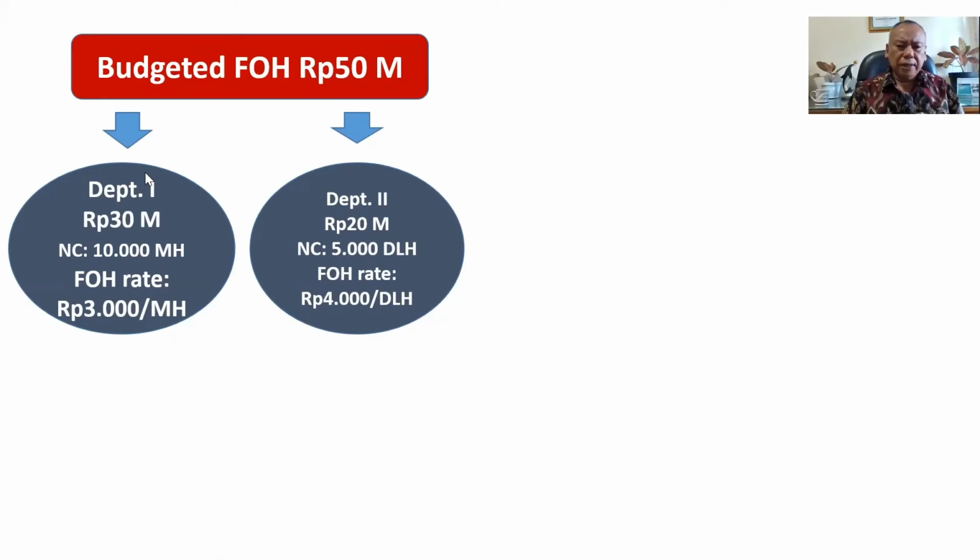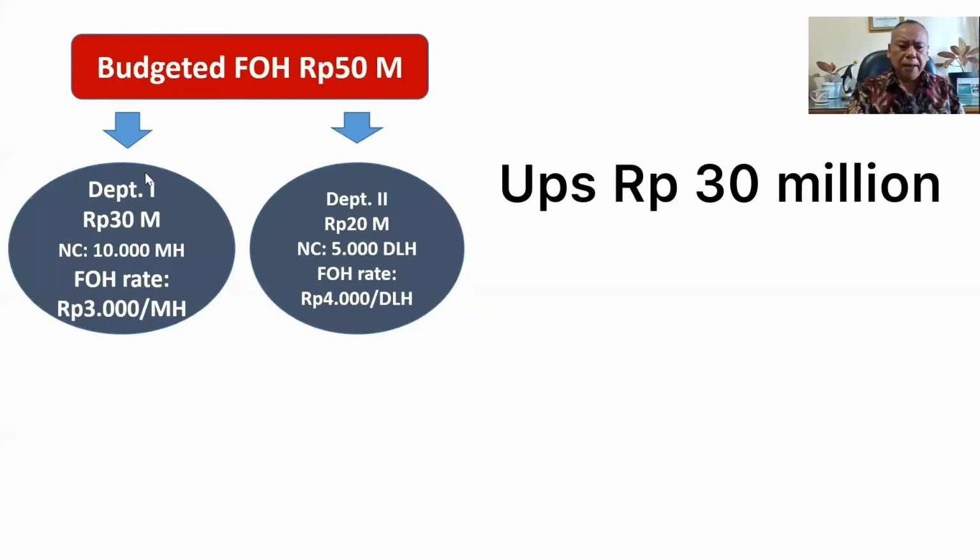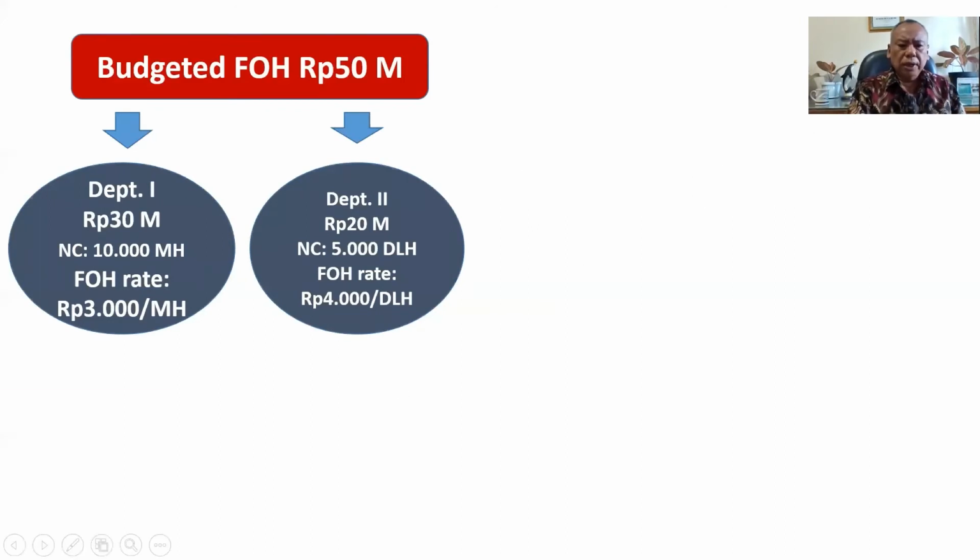Budgeted factory overhead, in this case 50 million, should be allocated to department 1, for example, 30 million, and then for department 2, in this case 20 million. So in total, it is the same 50 million.